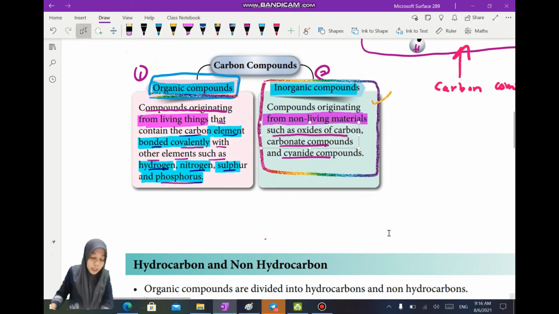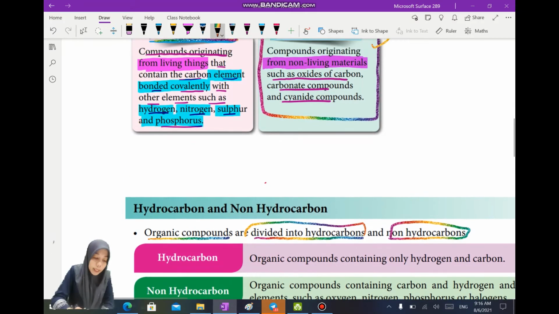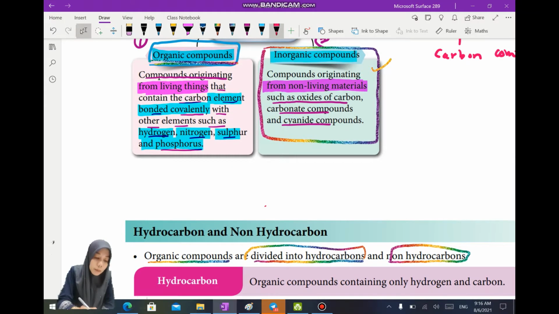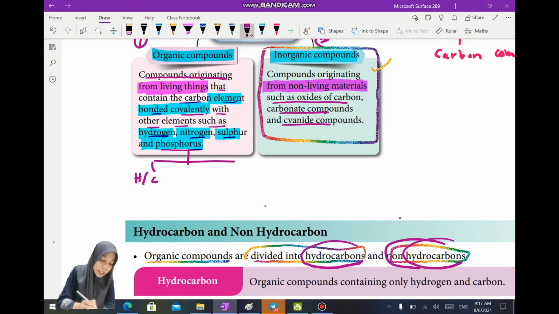Okay, so kita tengok lagi. Hydrocarbon and non-hydrocarbon. For the organic compound, terbahagi kepada dua, iaitu hydrocarbon, kita buat HC, and non-hydrocarbon.